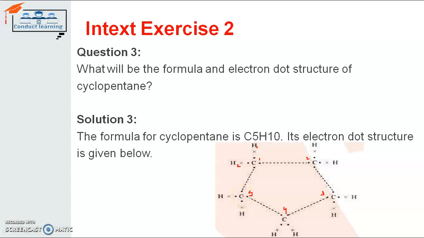In the same way, the C5 is also sharing 2 of its electrons with 2 hydrogen atoms and 2 with C1 and C4. In the same way, all these carbon atoms will share their 4 electrons in the valence shell and make bonds like that. And it is a complete structure for cyclopentane.